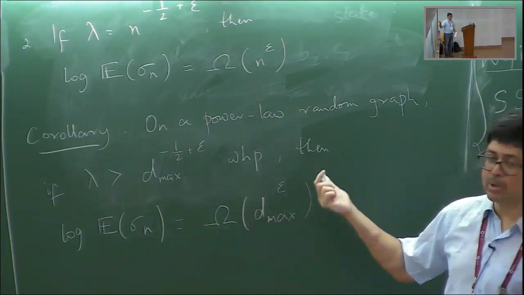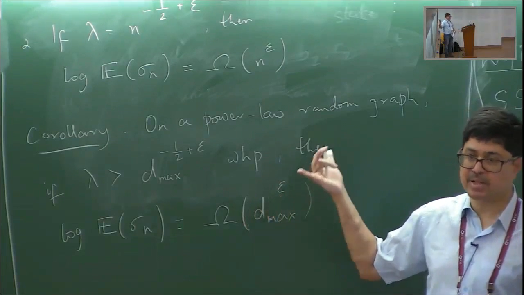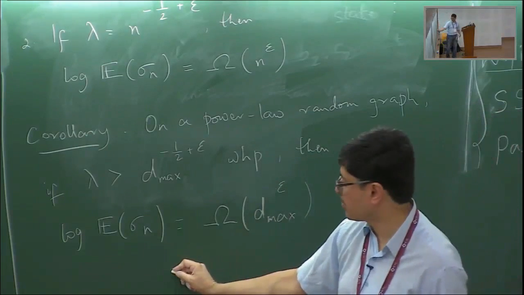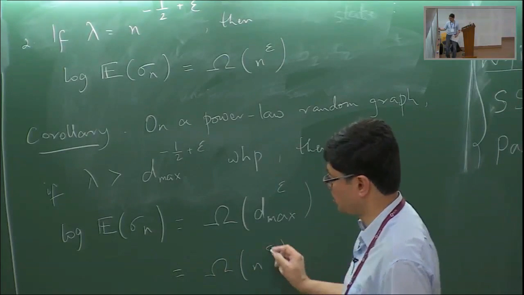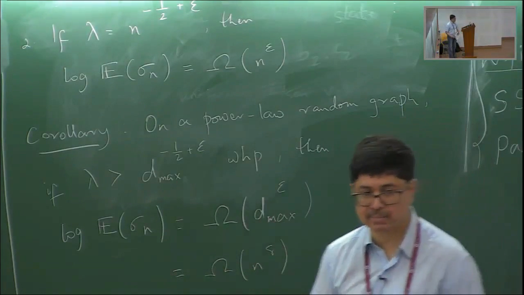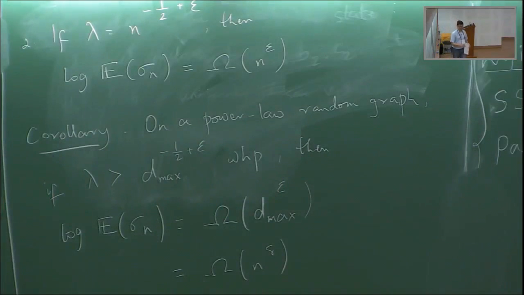On these power law graphs, the maximum degree is itself polynomial in n with some fractional power, so this is omega of n to the delta for some other delta. Yeah, for big enough infection rates.